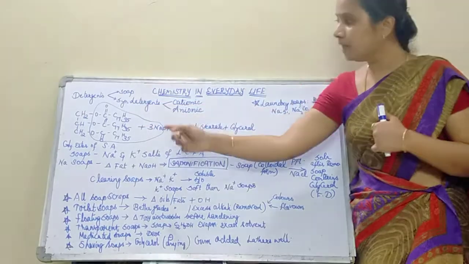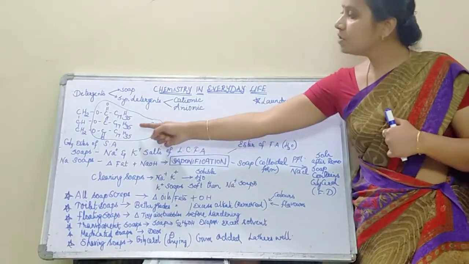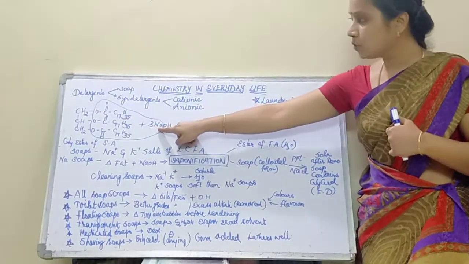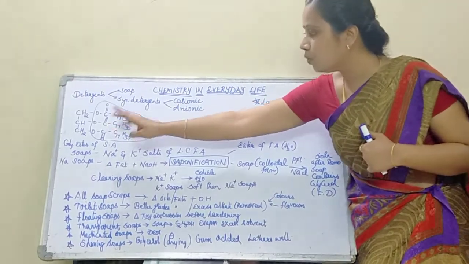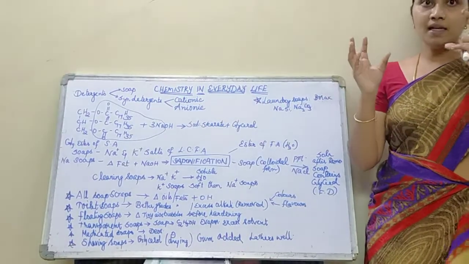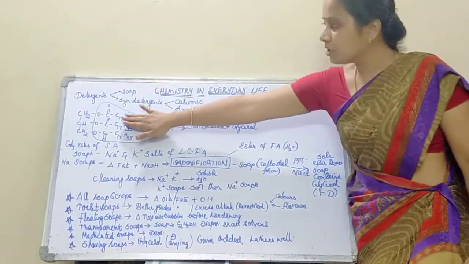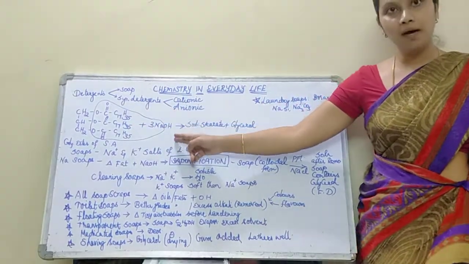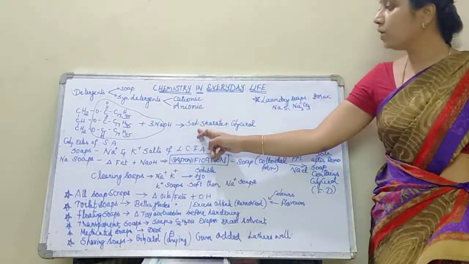The name of this structure is glycerol ester of stearic acid, which reacts with sodium hydroxide, an alkali. Now three molecules of sodium along with stearate, C17H35COO, form sodium stearate, and glycerol is removed.